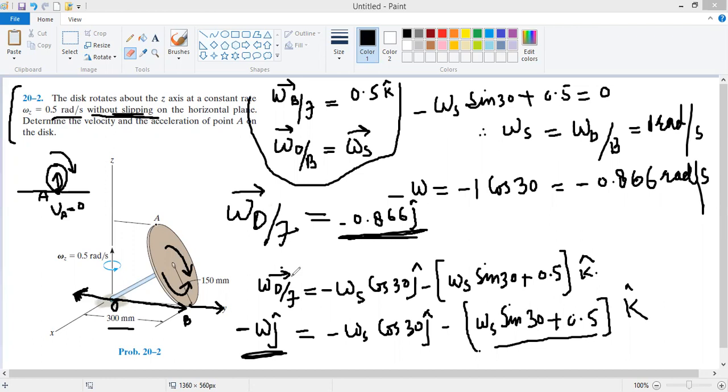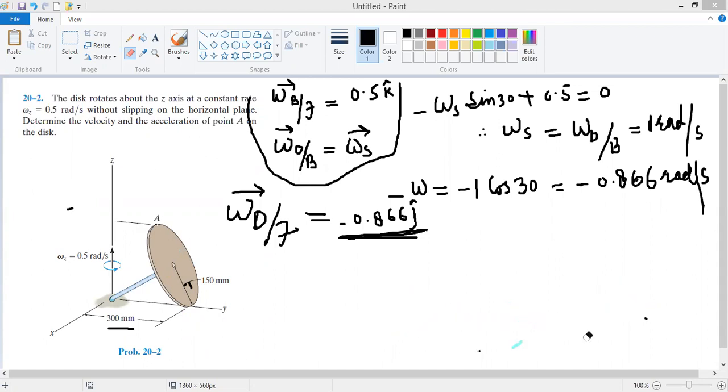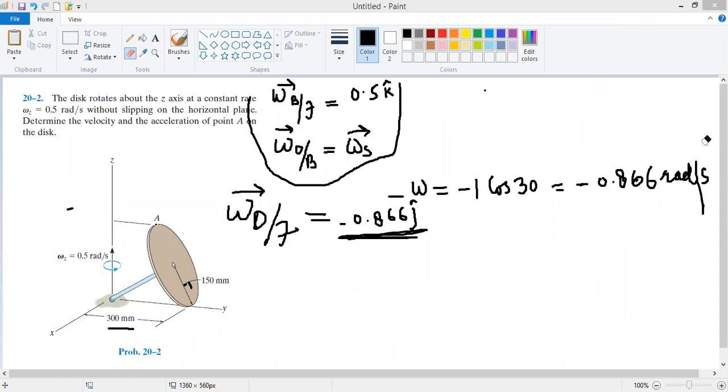Now let's find the angular acceleration. Again, using the same expressions as we have already discussed while discussing the kinematics of rigid bodies. Okay, what we can do, let me rub this as well.